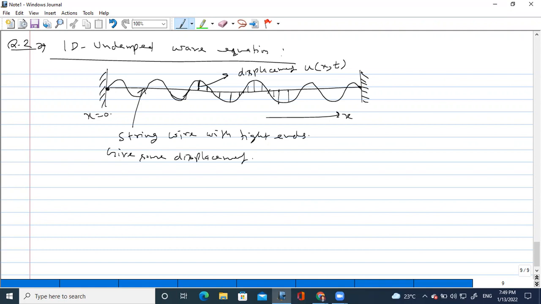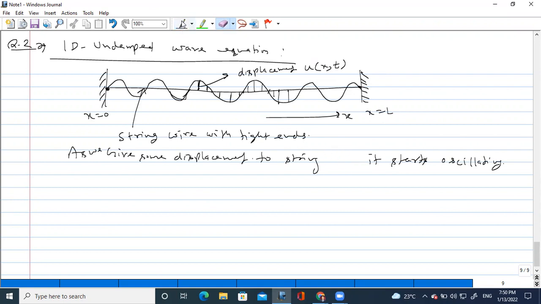Suppose this point is x equal to 0 and this point is x equal to L. As we give some displacement to the string, it starts oscillating.